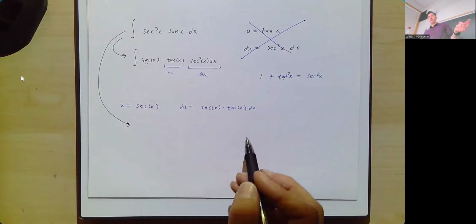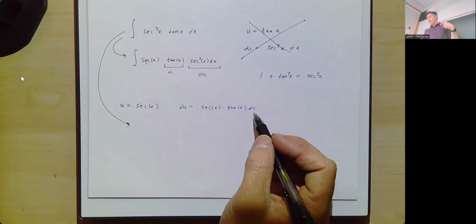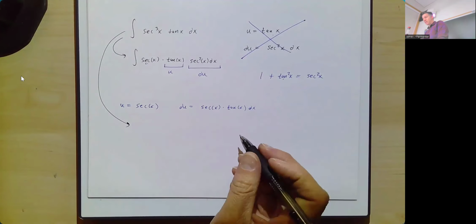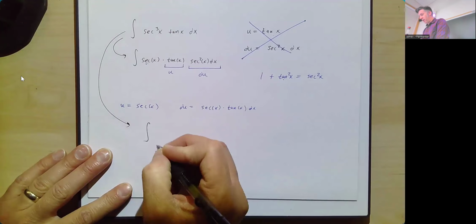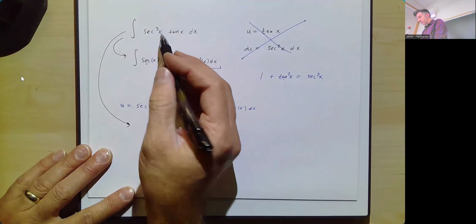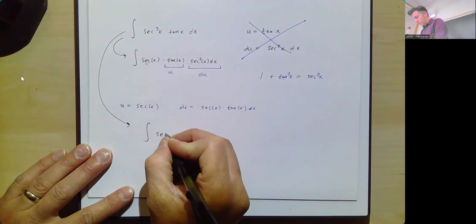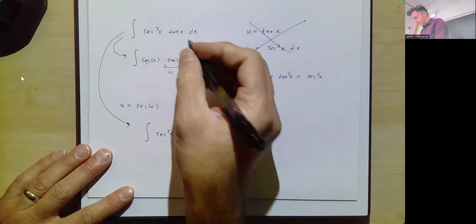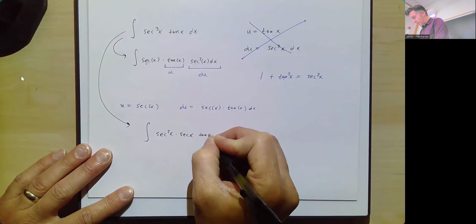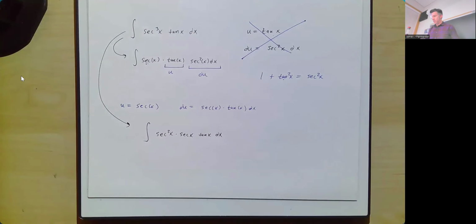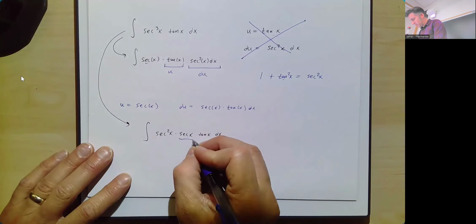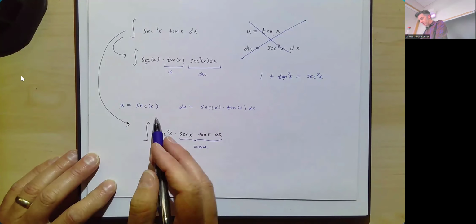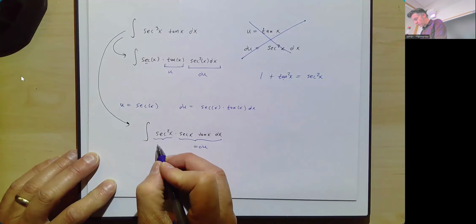If you or your teacher likes, you can say dx equals du divided by that and then cancel stuff, but I think it's nicer to say I have what I want. Secant cubed x is really secant squared x times secant x, and then I have that tangent x dx. The secant x times tangent x times dx is my du, and the secant squared, since u is equal to secant, is just u squared.